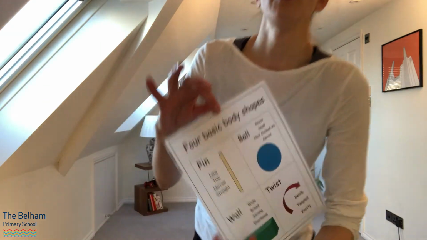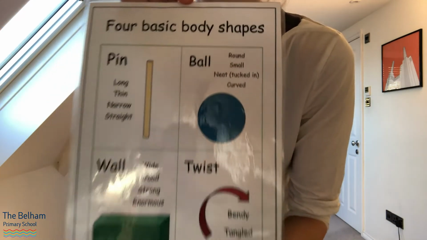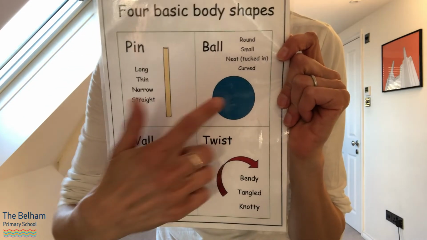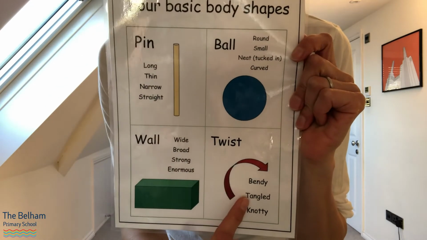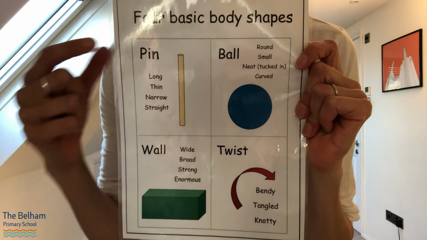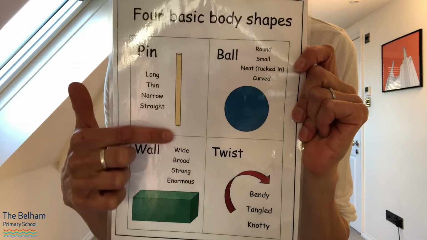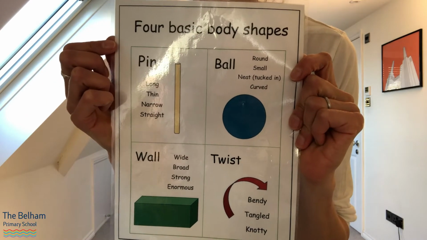Now, we've looked at this before, but I want to recap over our 4 basic body shapes, which are pin, ball, wall, and twist. So we have pin, which is long, thin, narrow, and straight. And we make all these shapes with our bodies.